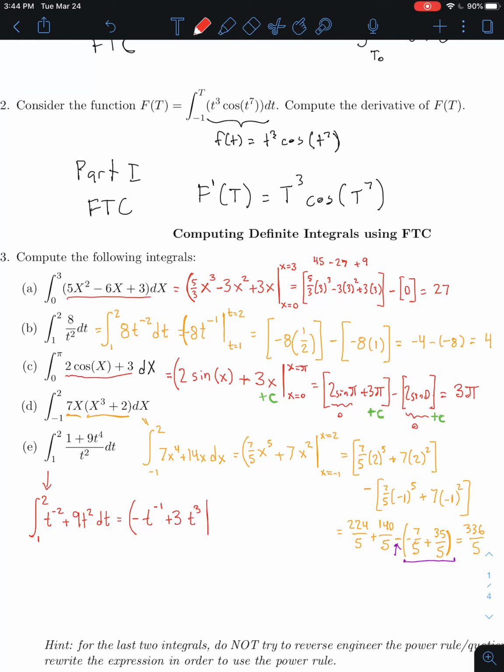And we're evaluating this one from t equals 1 to t equals 2. Okay, plugging in the bounds, we have -1/2 plus 3 times 2 cubed minus -1 plus 3.